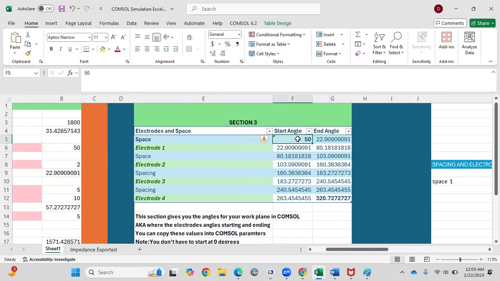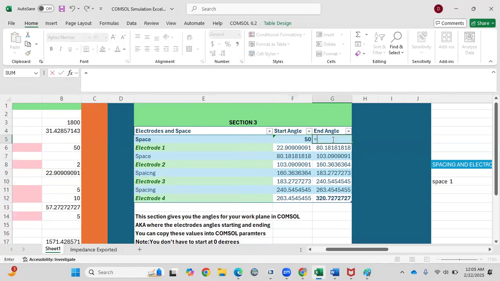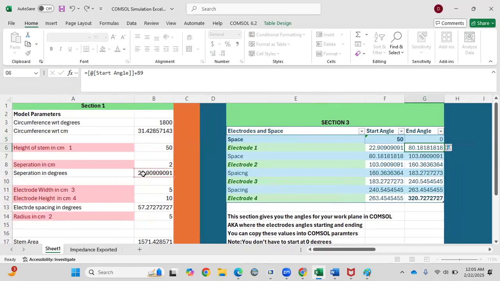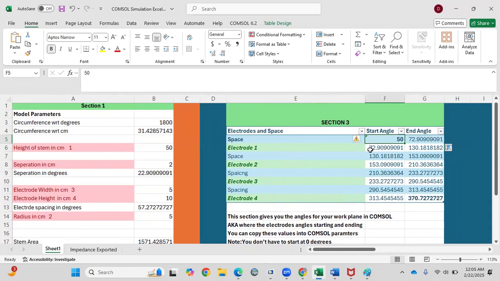So if you have to do that, you'll use your 50, and then this will just be 50 plus the angle for the degrees, and that will just change up your whole system. So now your first electrode will start at 72 and end at 130. So this is really what you're putting into COMSOL, and you'll see as we get into it.